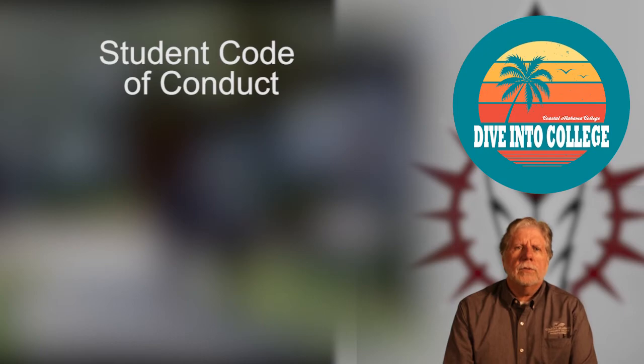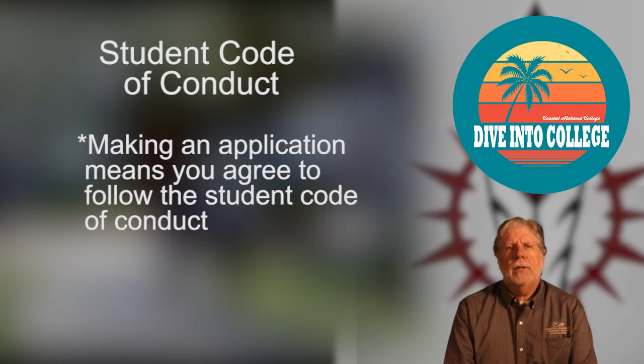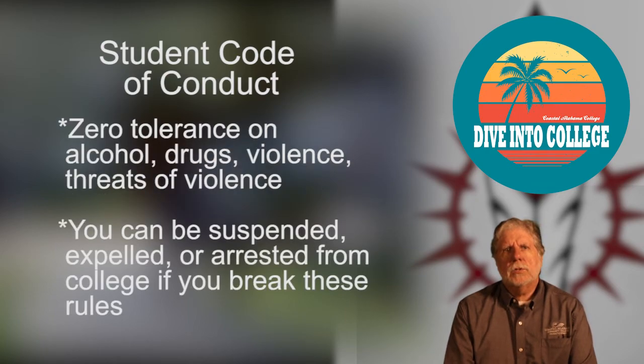As Vice President of Student Services, I'm also over the disciplinary for the college. And each student who comes to Coastal Alabama College, when they make their application, they agree that they will follow the Student Code of Conduct. Now, the Student Code of Conduct covers a number of things, but there are some things that you really need to know.